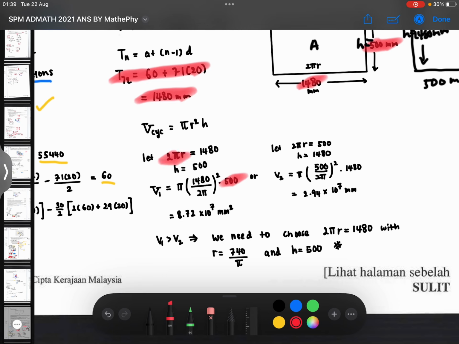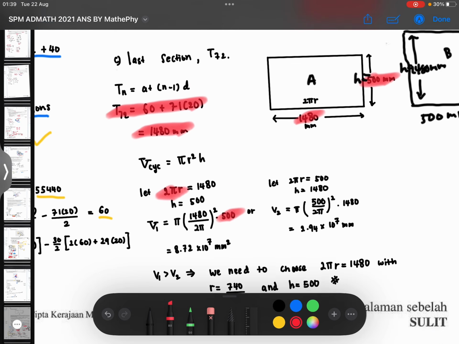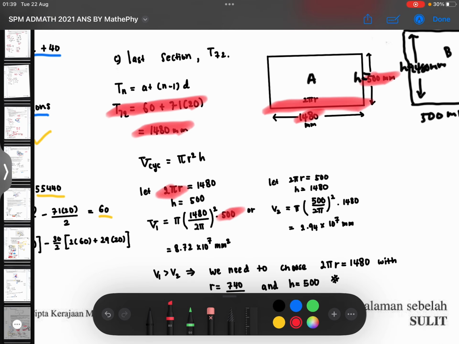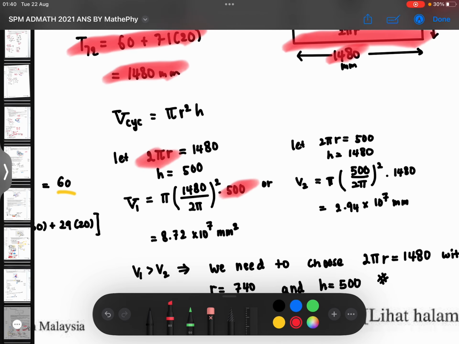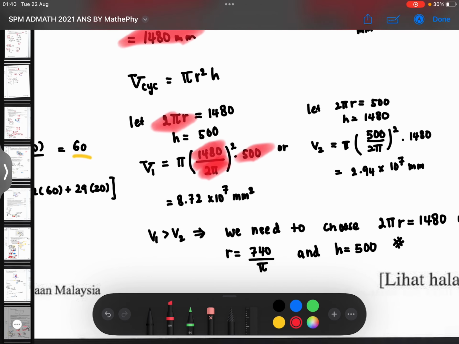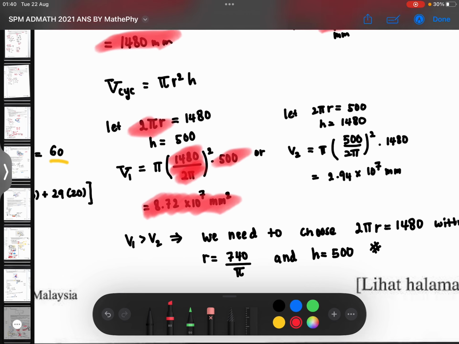Okay, and the circumference is actually the length of this whole rectangle, which is 1480 millimeter. So we can find r, just divide both by 2 pi like this, and I get the volume is 8.72 times 10 to the power of 7 millimeter cubed.